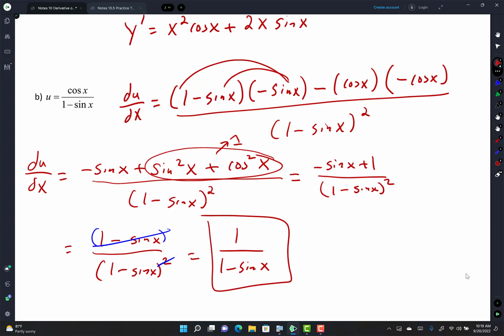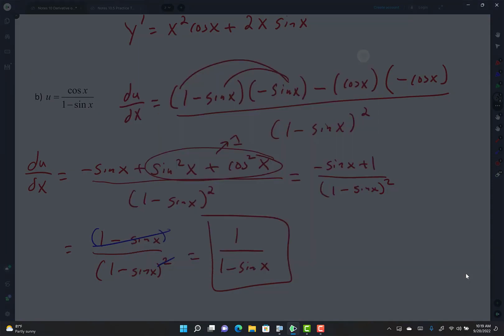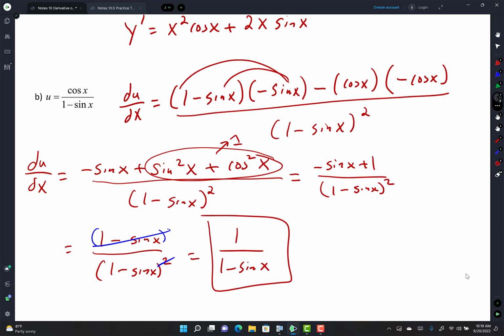And we're going to talk about some possible dangers. Don't write this down, just listen so you can really observe. You see right here where I have the negative in front of sine x? Sometimes that negative tends to float.